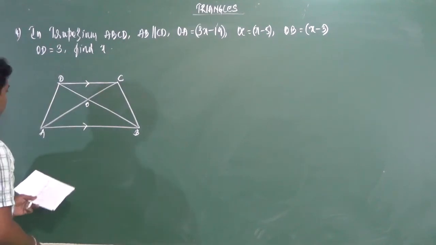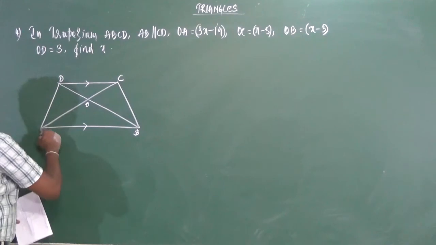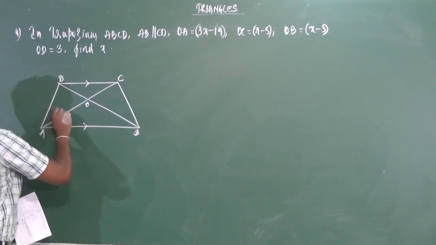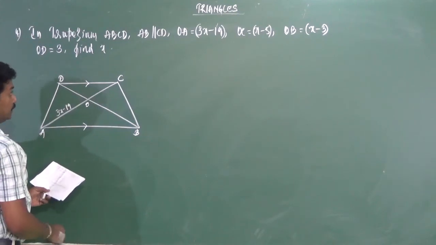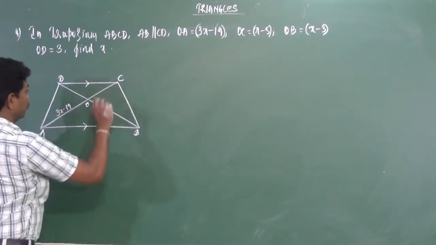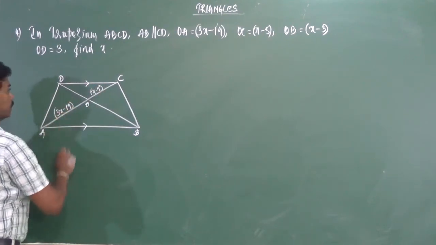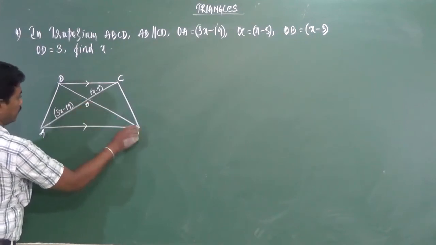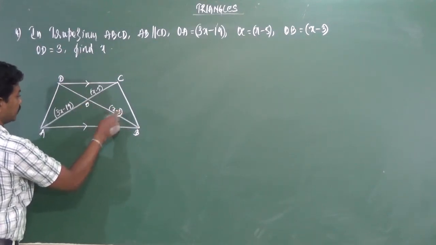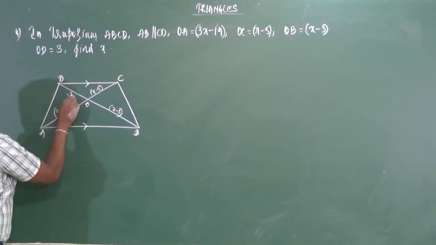So in trapezium ABCD, AB parallel to CD, OA is equal to 3x minus 19, that is this one, and OC is x minus 5. And then OB is x minus 3 and OD is just 3 units.